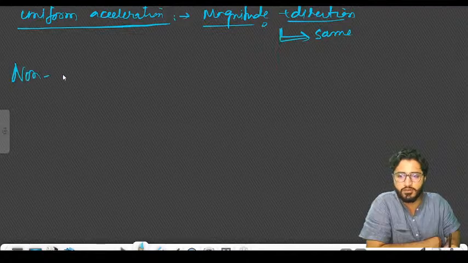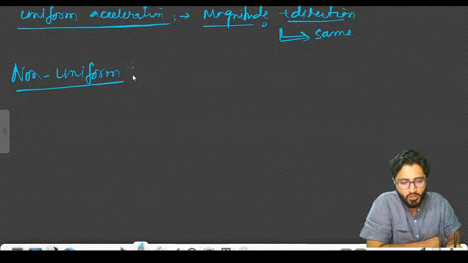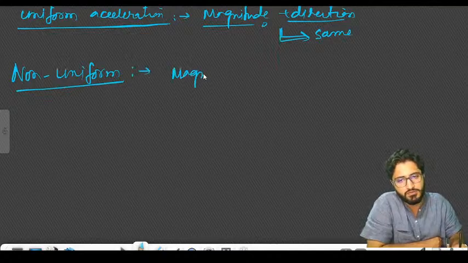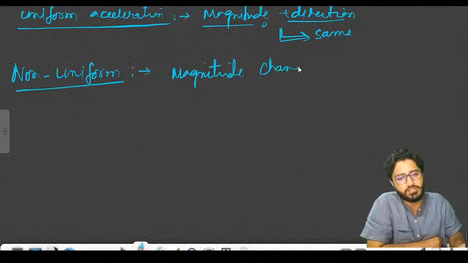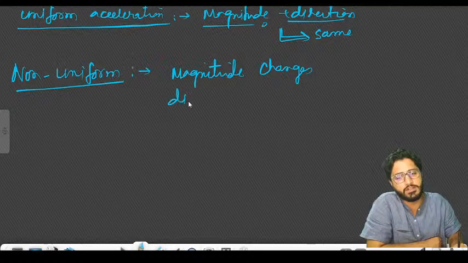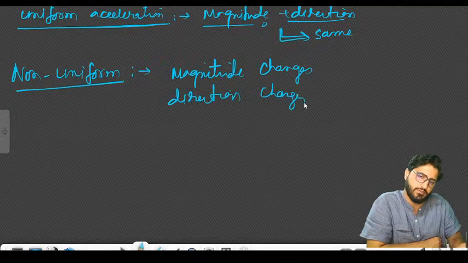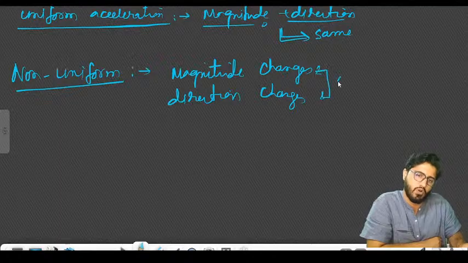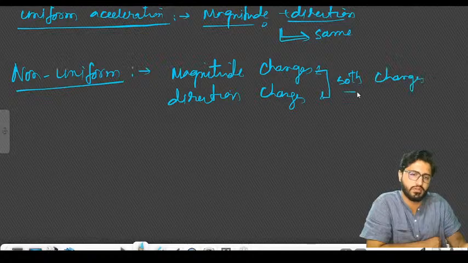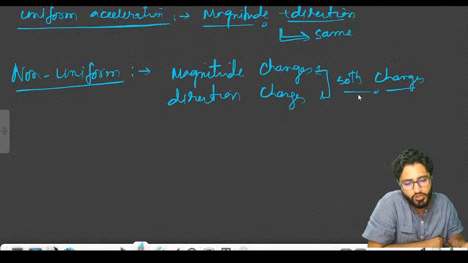Now non-uniform acceleration. Non-uniform acceleration means if magnitude changes, or if direction changes, or both change.